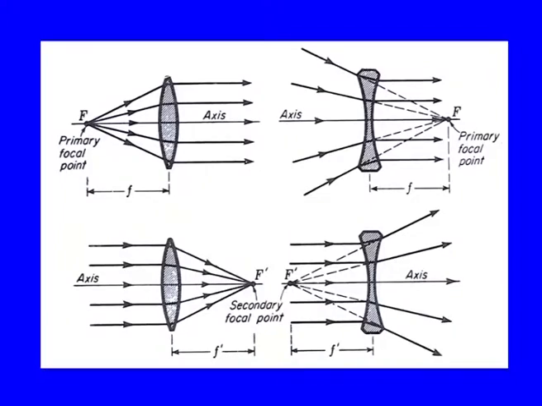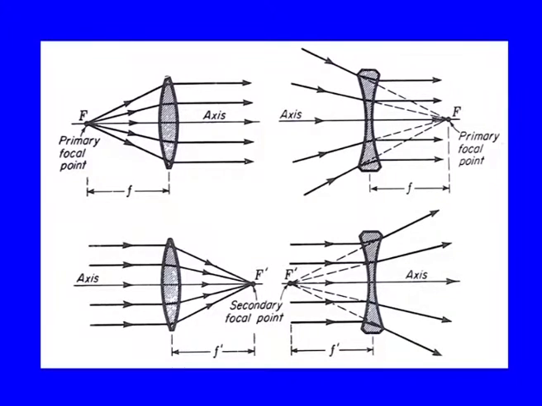So, this picture shows these features. Primary may be called first, secondary may be called second. In the primary, from F, all diverging rays become parallel after refraction, or if the lens is a concave lens, all these rays which were about to converge to F after refraction again become parallel to the axis.